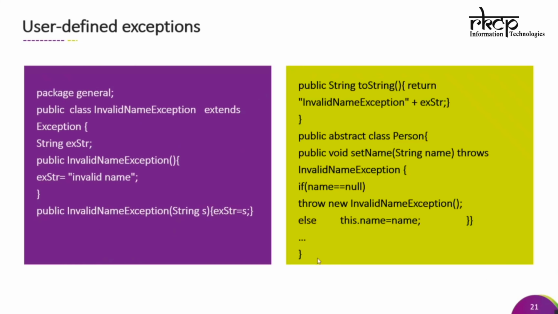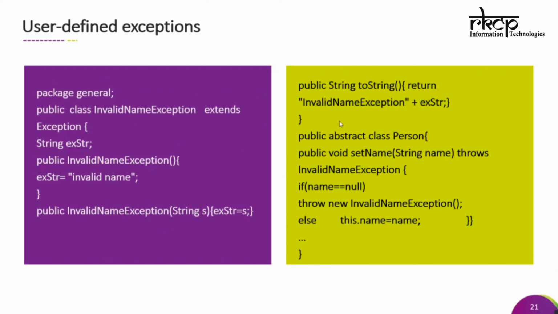If anyone asks you to define your own exception, suppose I am going to write one user defined exception. Your user defined exception must always be a child of the Exception class, and there you should override the toString method. Here I have written it as a child of the Exception class, that's it. Then you override the toString method.